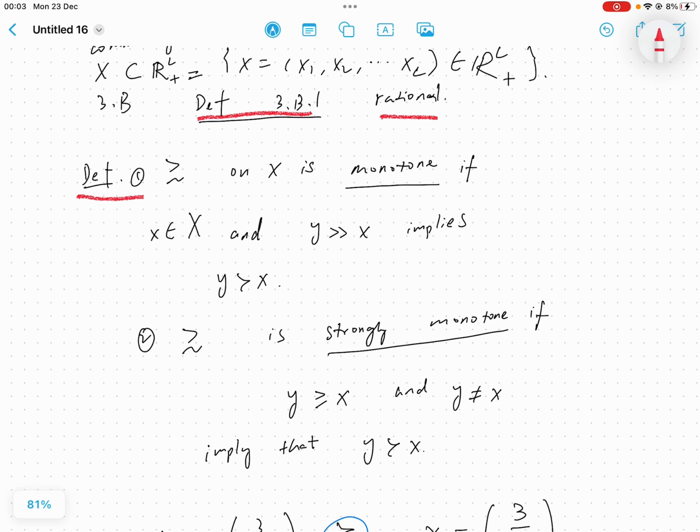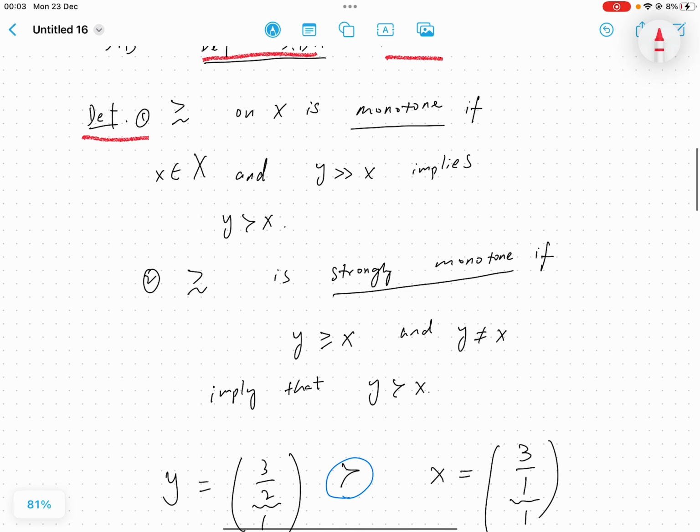Next, in the other definitions, we're going to introduce new properties for the preference relation.